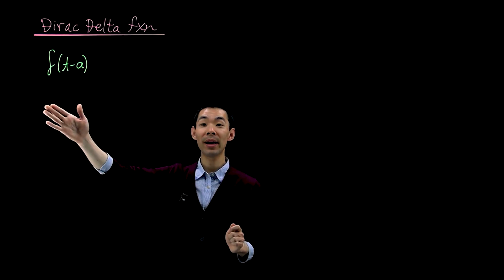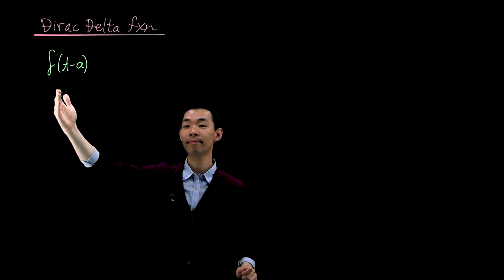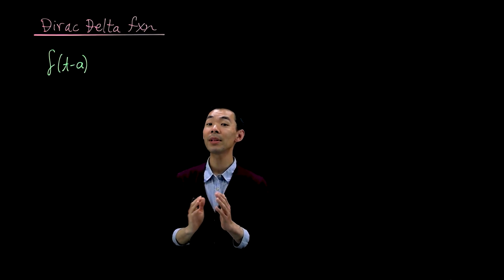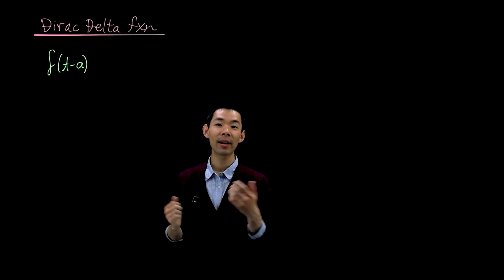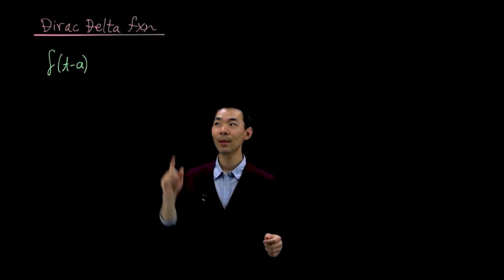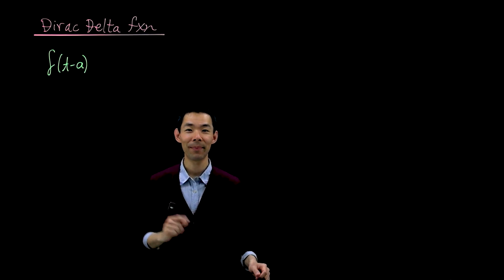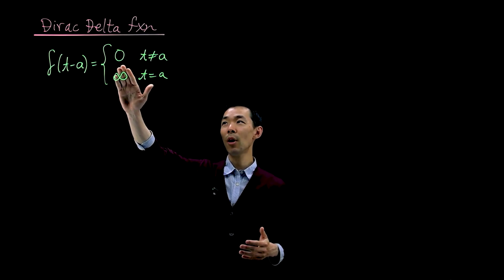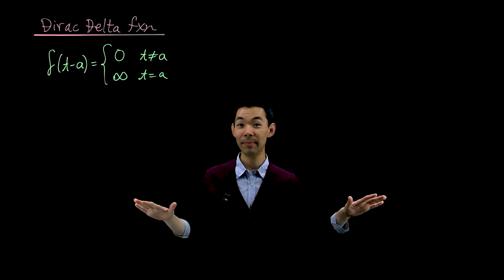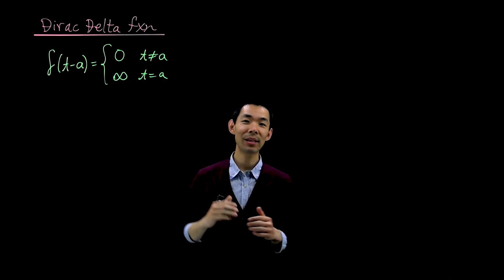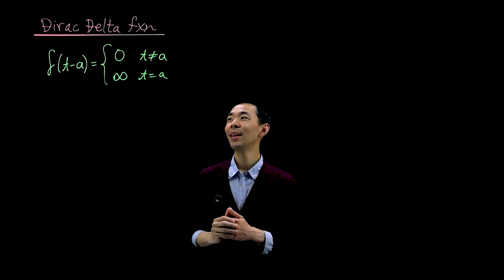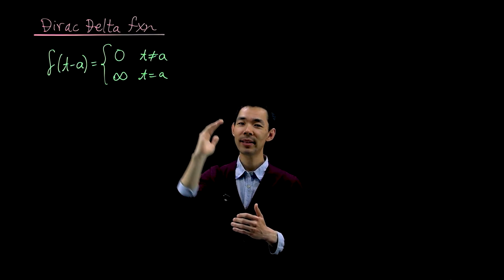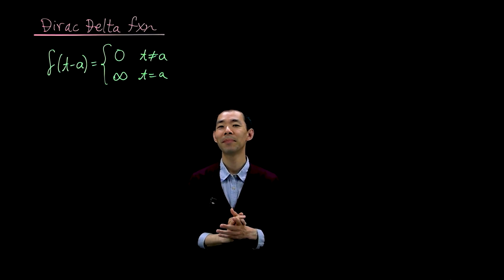First, it's denoted by the Greek symbol delta. And here, the argument is at some time t minus a constant a. Something special happens at that value of a. Let's check it out. The function is equal to 0 for all time t when it's not equal to a, but it's equal to infinity when t is exactly at a.